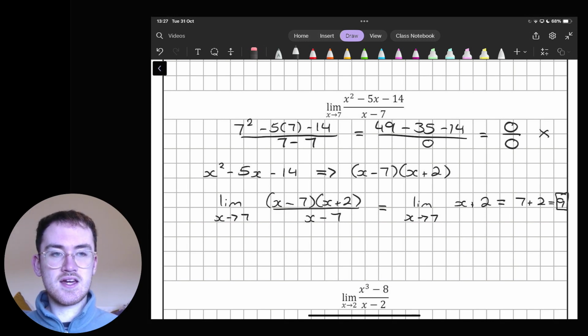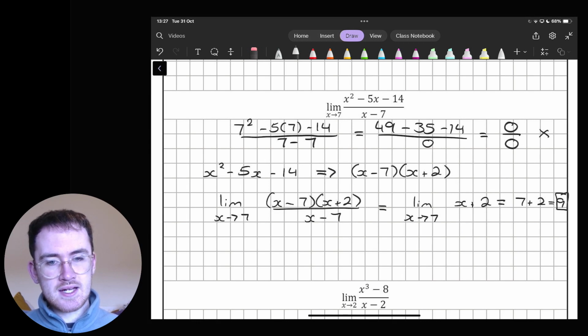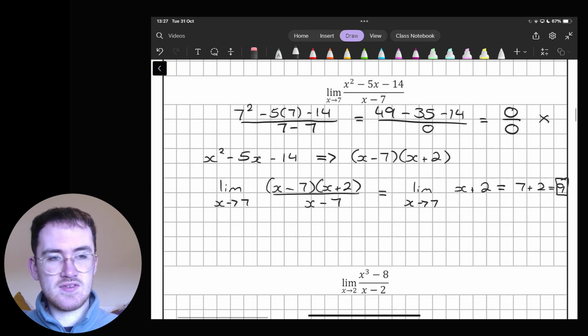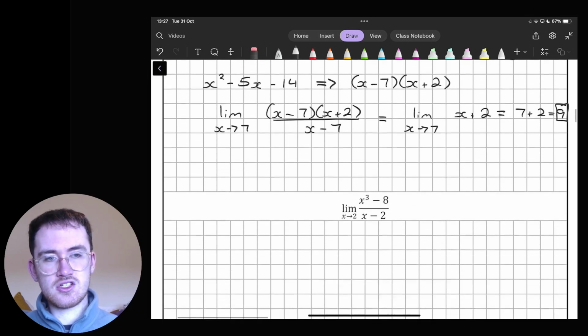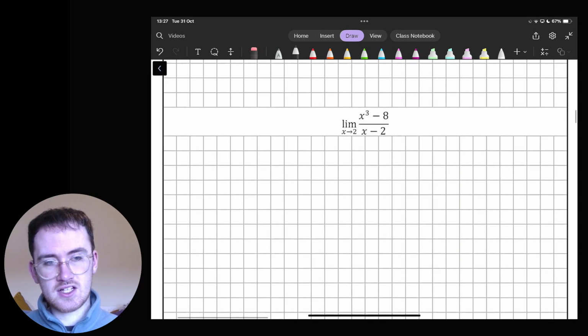For that case, we have our indeterminate case, so we know that we have to factorize before applying our limit. But it's always good practice to try and apply your limit first, result in that indeterminate case, and then sub in. But obviously for ones like this where you can see immediately that it's going to result in a division by 0, you could just jump straight to applying your factorization.